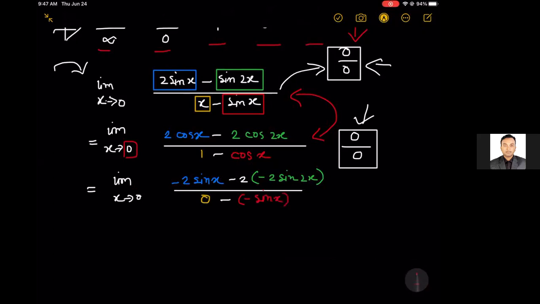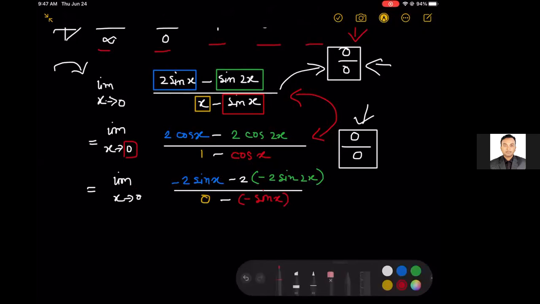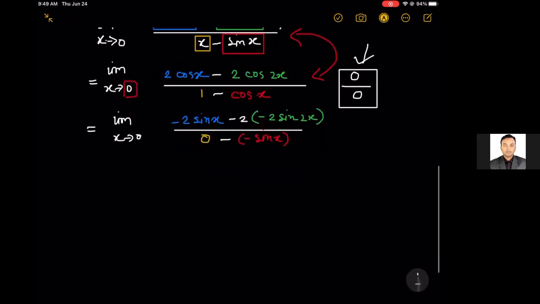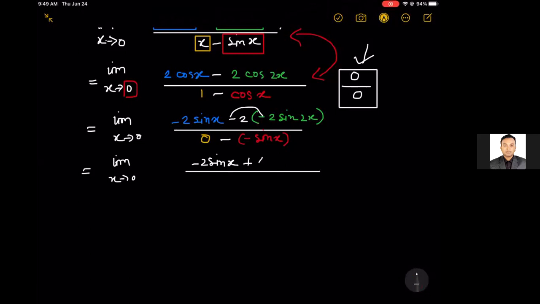Okay, so if I now make the adjustments, I think I should write it in the next line. Although you can do it on the same line, I want you to see this will be plus 4 sine 2x. This will be a plus sine x, right?